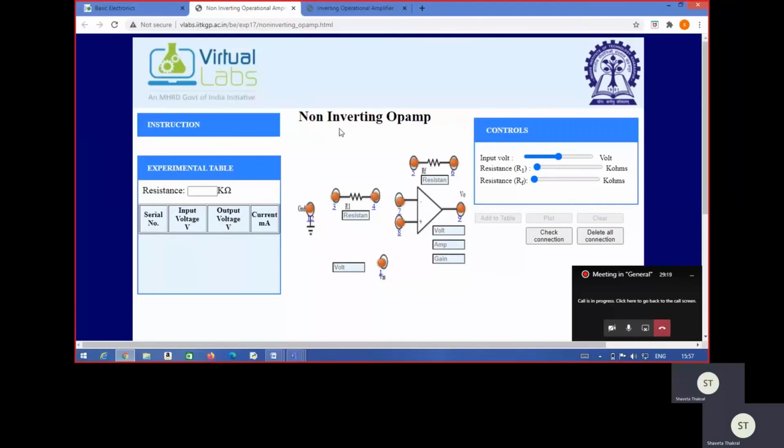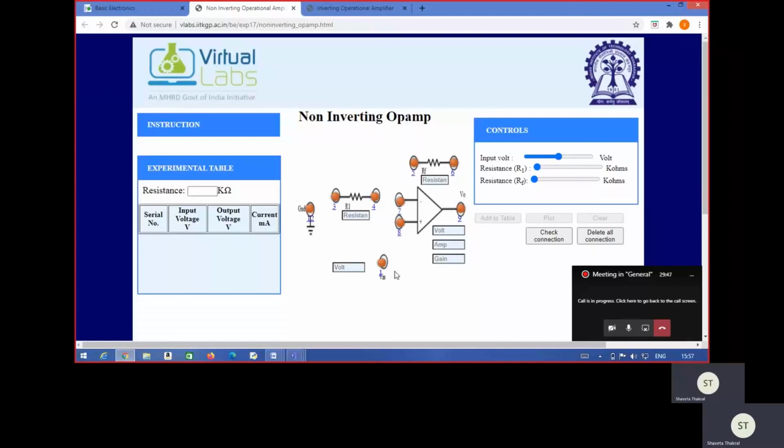And why is this called a non-inverting operational amplifier? Because in this case, the input applied to the non-inverting input terminal will be amplified, that can be seen on the output terminal, and the output obtained will be in the same phase as the input signal. That's why this is called the non-inverting operational amplifier.